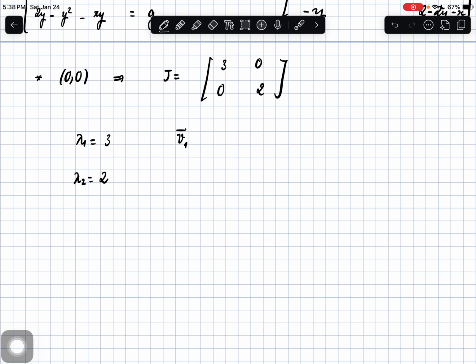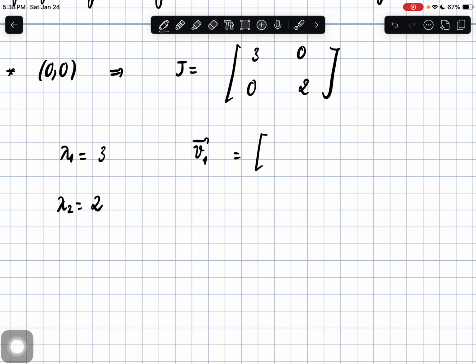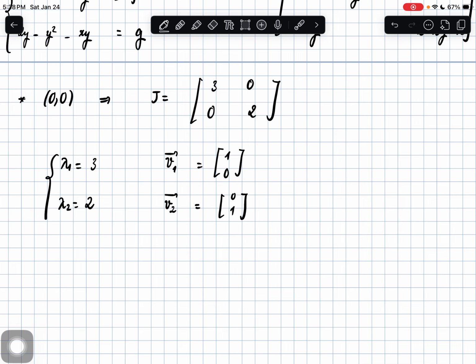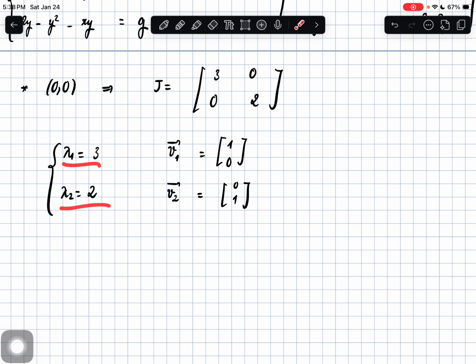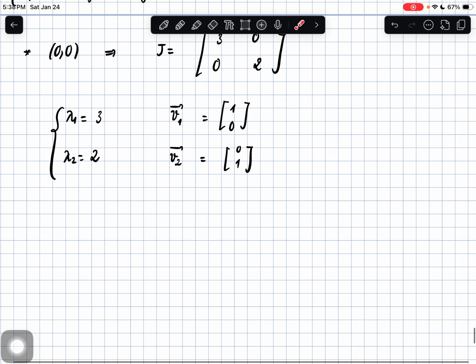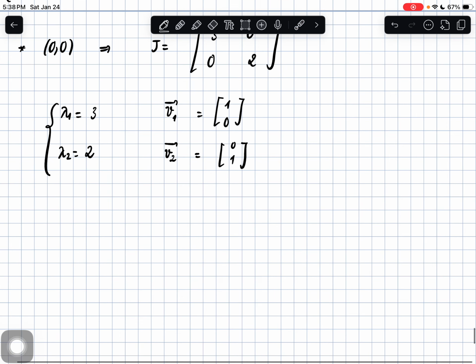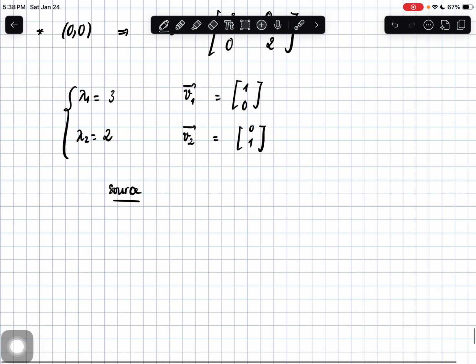So v1 is (1, 0) and v2 is (0, 1). In this case we have 2 positive eigenvalues. We have a source here. The origin is a source, and it's unstable because they are positive.